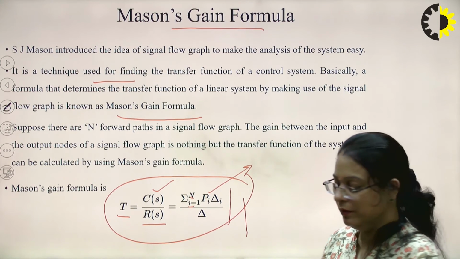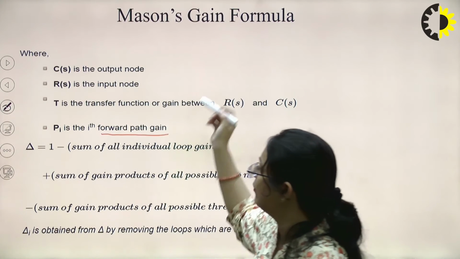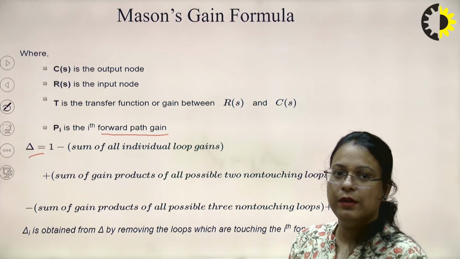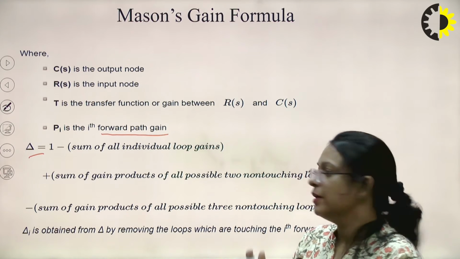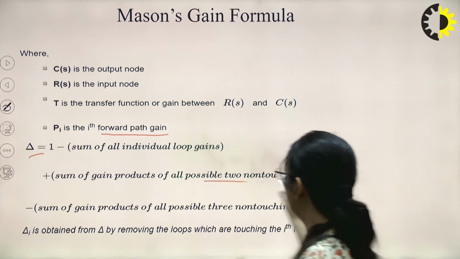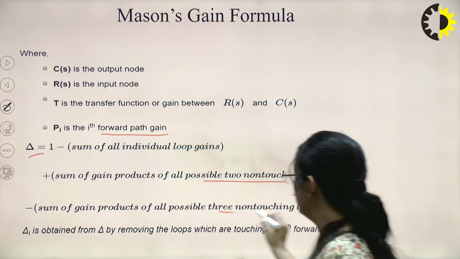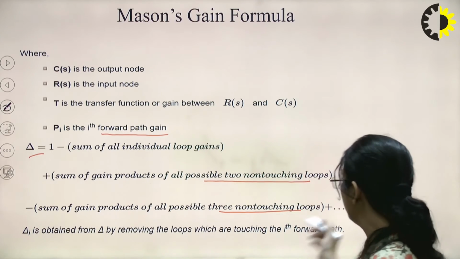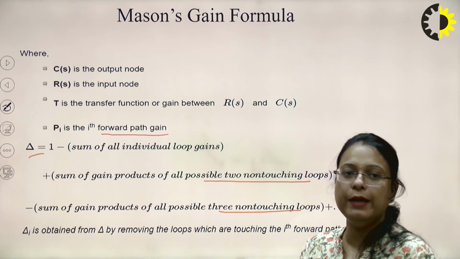Delta i is basically, see, Pi is the forward path gain and delta is basically 1 minus the sum of all the individual loops, plus the sum of products of possible two non-touching loops, minus the sum of gain products of all 3 non-touching loops, plus the sum of gain products of 4 non-touching loops and so on.